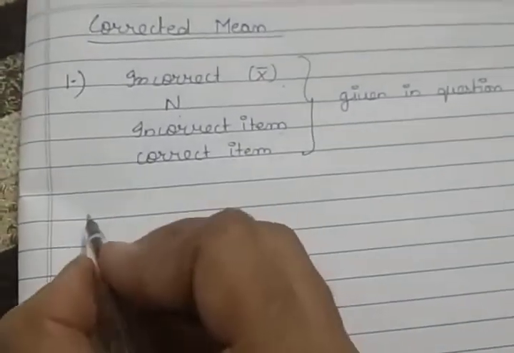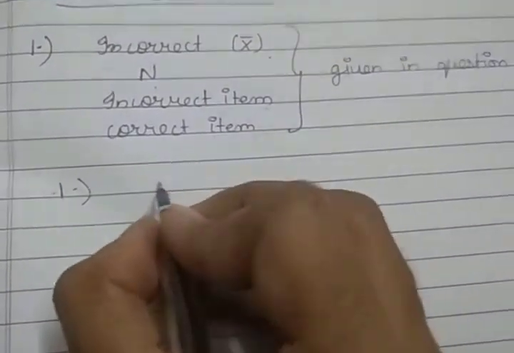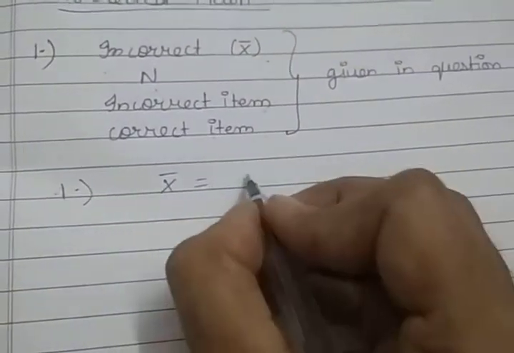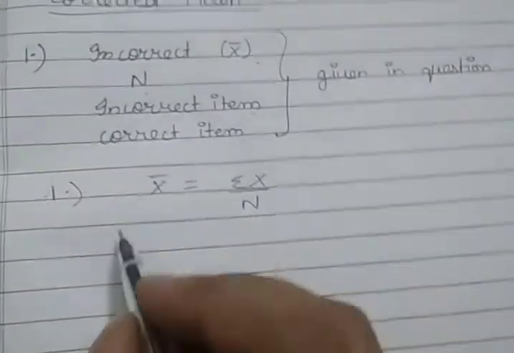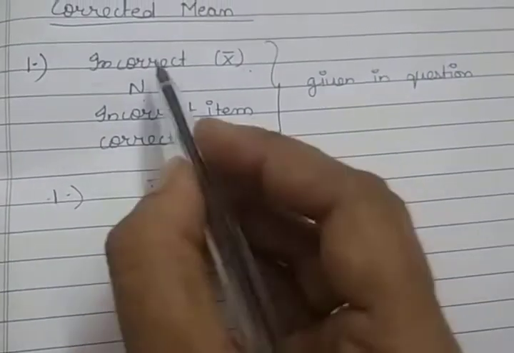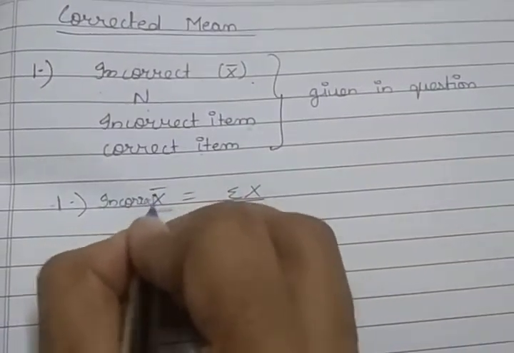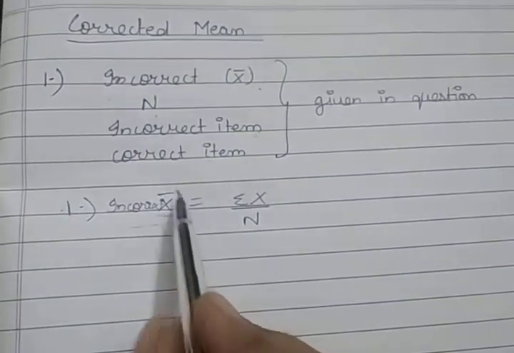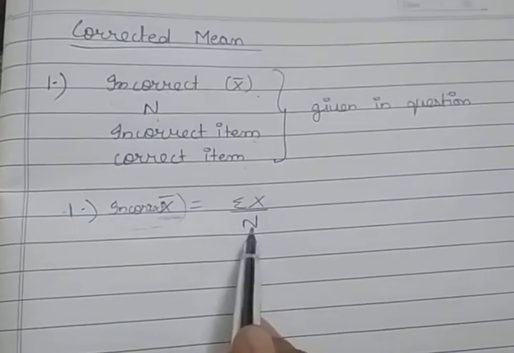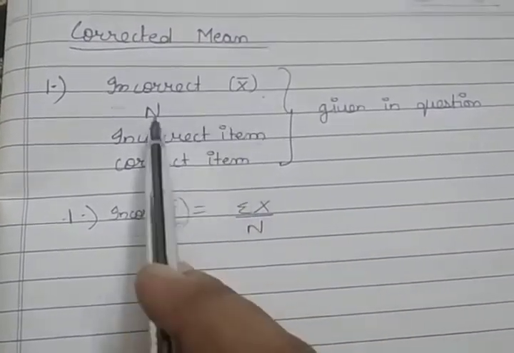Now your steps. Our first step is summation x equals, mean formula is summation x upon n, right? Now this value is given to us incorrect. Whatever the incorrect mean is, put it over here, and the number of items, because these two things will be given to us in the question, incorrect mean and n.